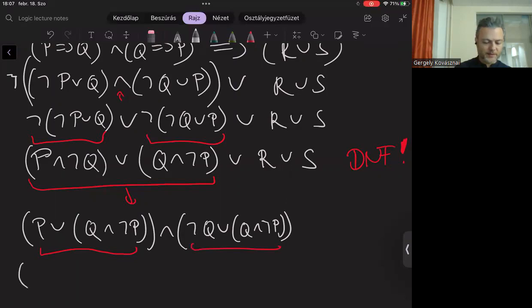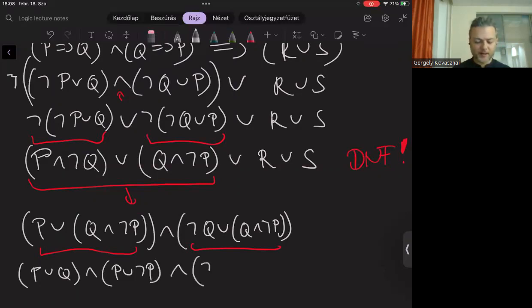So if I apply the distributive law to the first part, I get P or Q and P or not P. And now the second part is coming, not Q or Q and not Q or not P, right?